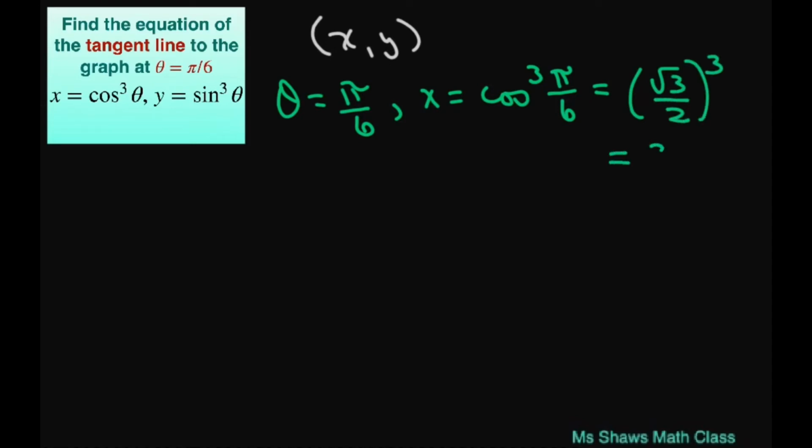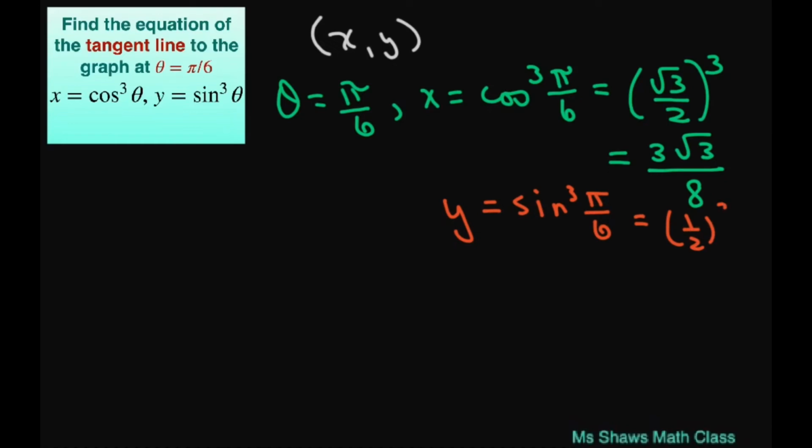This is going to equal 3 square root of 3 divided by 8. And do the same thing for y. y equals sine cubed of pi divided by 6, which equals 1/2 cubed, which equals 1/8.